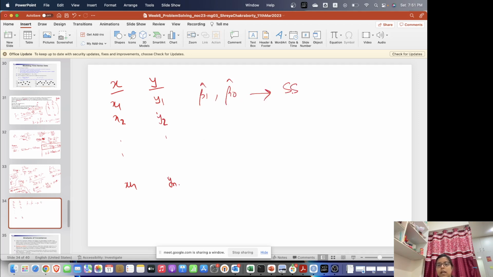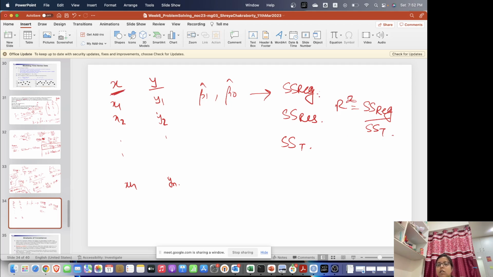From there we can get the sum of squares due to regression, sum of squares due to residuals, and sum of squares total. R square would be sum of squares due to regression by sum of squares total. And we can also conduct a test of hypothesis to check whether my x variable is significant or not.